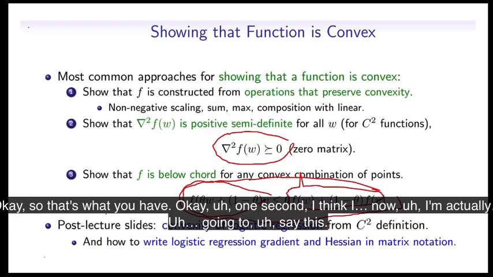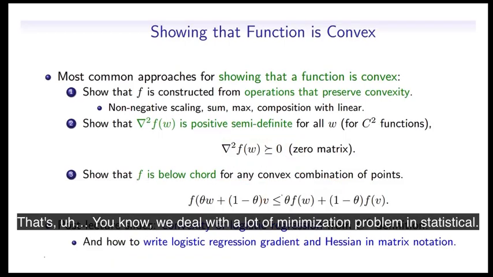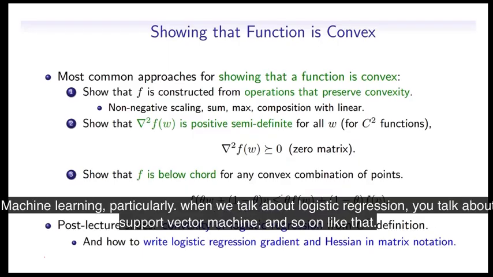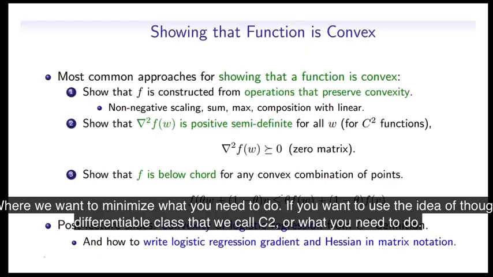I'm now going to say that we deal with a lot of minimization problems in statistical machine learning, particularly when you talk about logistic regression, support vector machine and so on, where we want to minimize.